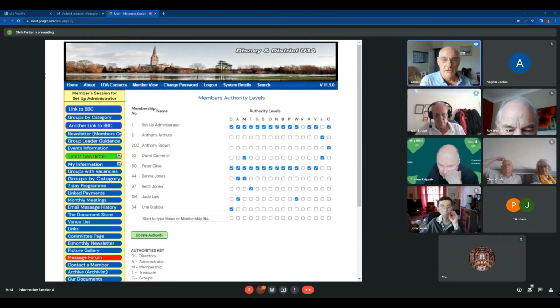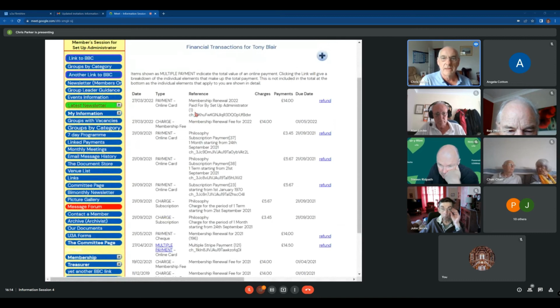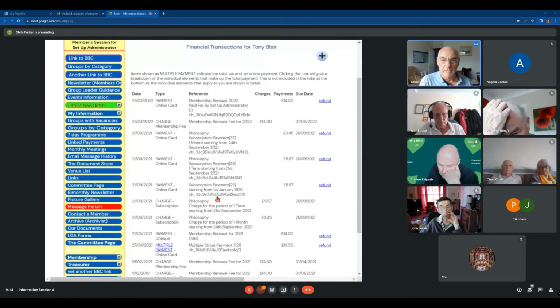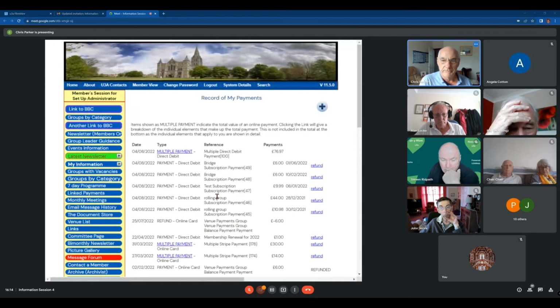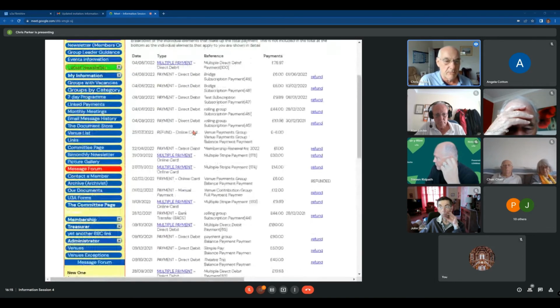So if you haven't got any authorizers set and you decide you want to refund a credit card payment, here's one, another £14. If I refund, it goes straight through. This is something I found earlier on: when you do it, it automatically jumps back to your own financial record rather than the person you've just refunded.